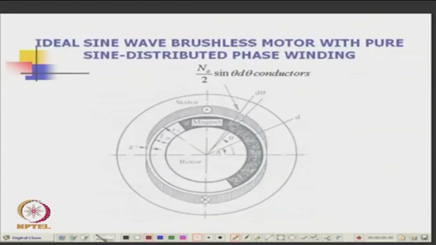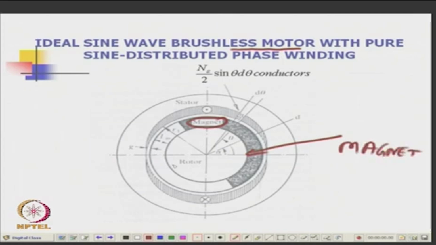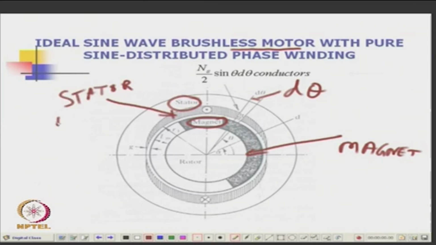Okay. So what is an ideal sine wave brushless motor? Here is the magnet, and this is the displacement theta, and here is the stator, MMF or whatever you may say. So the current is not a single current here.